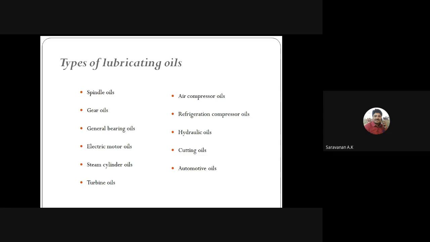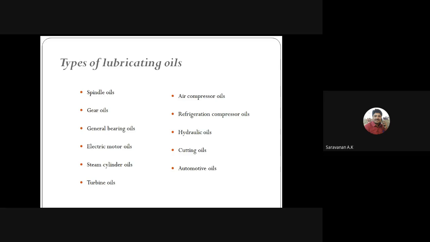The gear oil viscosity usually ranges from 60 seconds to 150 seconds at 210 degrees Fahrenheit temperature, right?